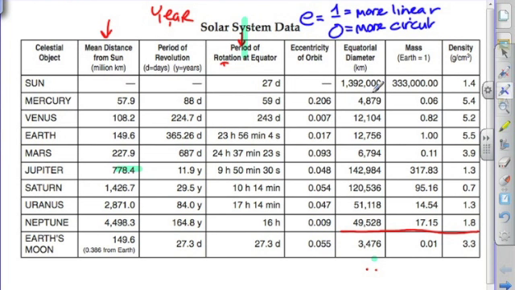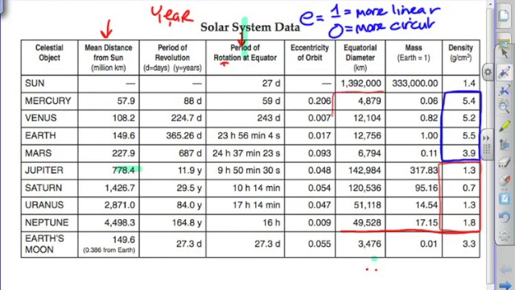So let's see. My densities sit here. The 4 terrestrial planets have densities ranging from 3.9 to 5.5. My Jovian planets have densities ranging from 0.7 to 1.8. So it seems very evident that my terrestrial planets are more dense. Let's now look at size.